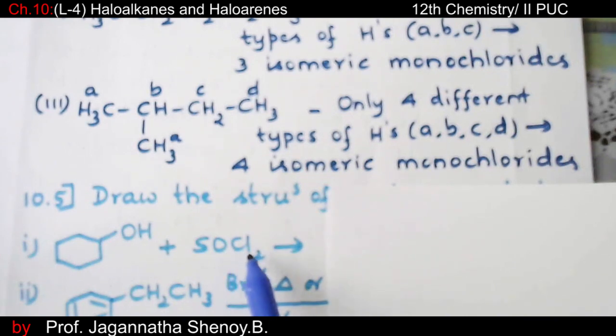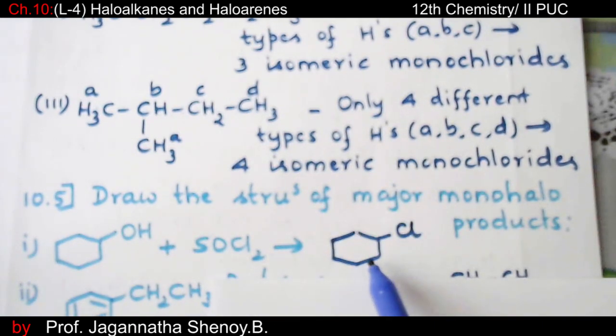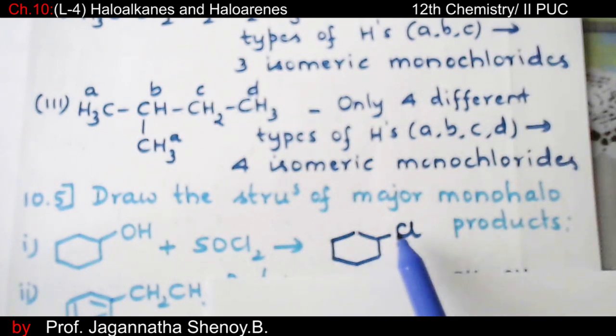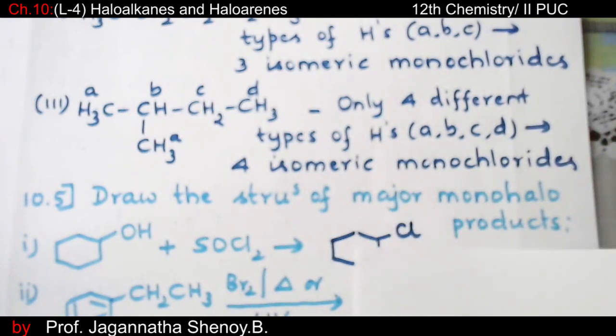What is the role of SOCl2? You have studied in Darzens' process, we can replace the OH group by Cl group. So what is the product obtained then? This OH has to be replaced by Cl. That's why the product that we are going to get is chlorocyclohexane.